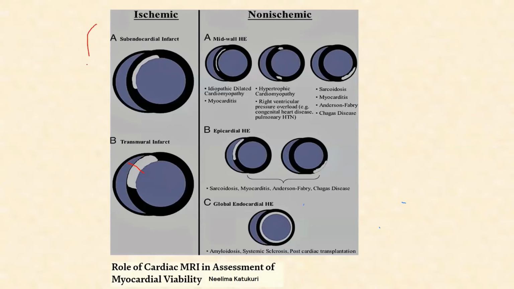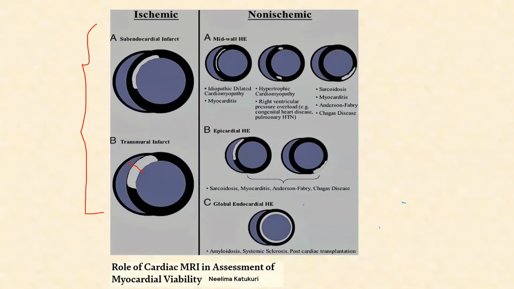These are ischemic patterns. So the ischemic patterns by MRI are either subendocardial or transmural. The non-ischemic patterns are mid-wall, like this, or epicardial, like this, or global endocardial. These are all called non-ischemic patterns.